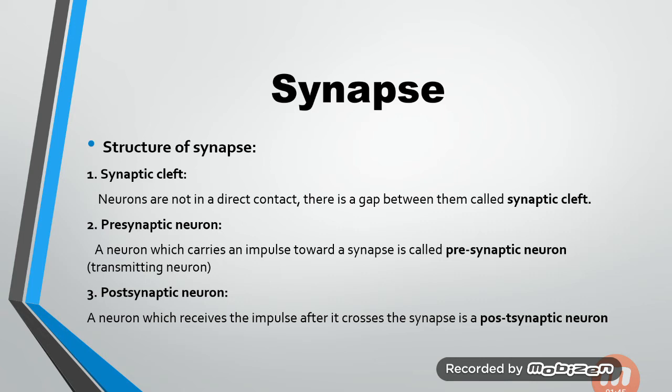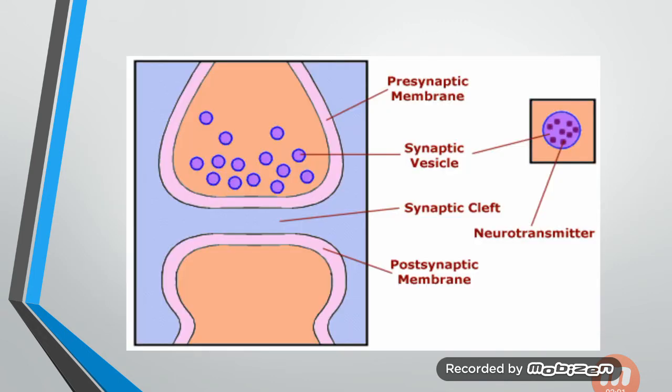And this space or gap is very small, which is measured in nanometers or less than that. This gap is called a synaptic cleft. You can see a synaptic cleft in the diagram.